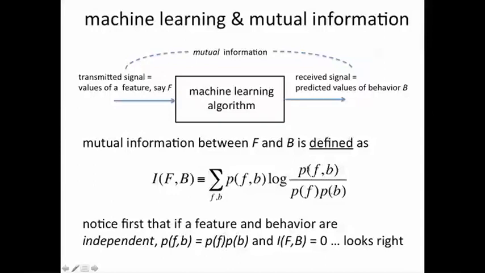So this ratio becomes 1, the logarithm becomes 0, and so does the mutual information. If the feature and the behavior are independent, then obviously it's hopeless to try to predict the values of the behavior from the values of the feature.